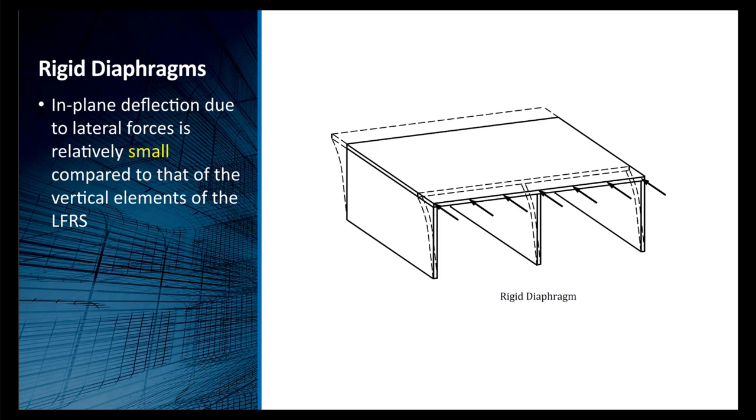So you can see with a nice 8-inch reinforced concrete slab, it's going to be fairly difficult for that slab to deflect in its own plane due to the lateral forces. But the walls and the moment frames that may be connected to it can easily deflect. So that would certainly be a general definition of a rigid diaphragm.